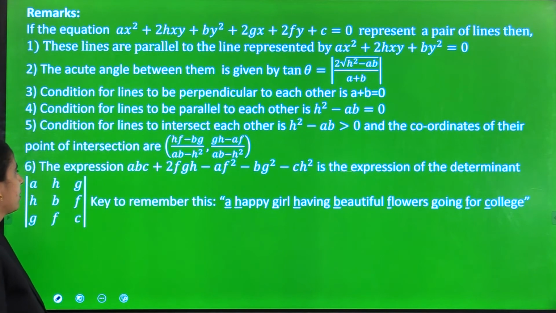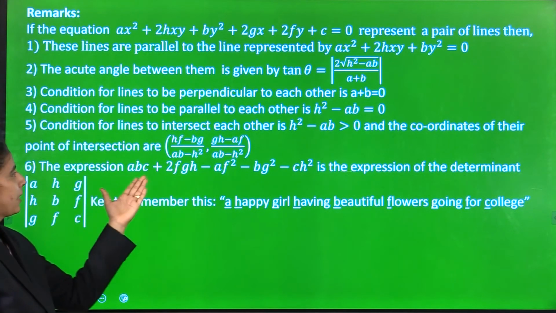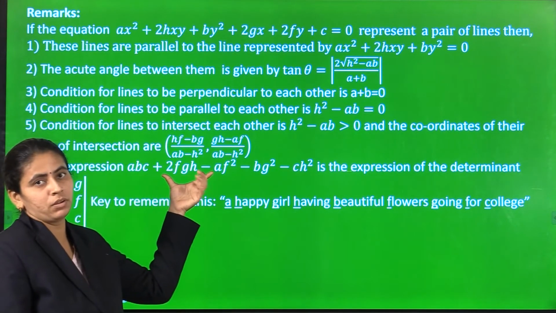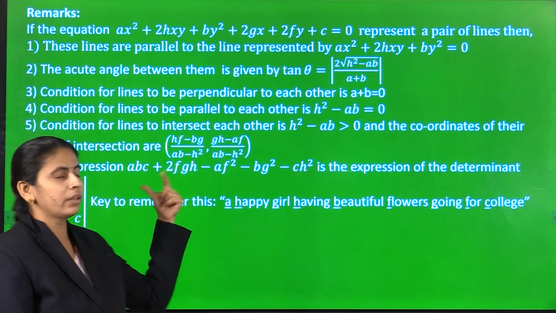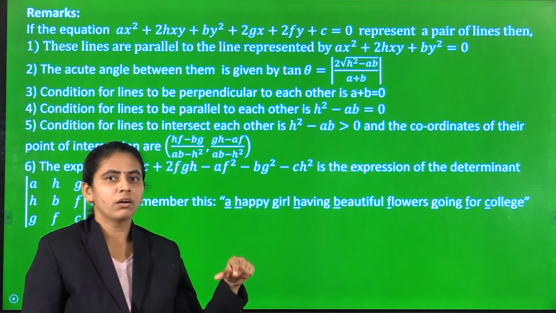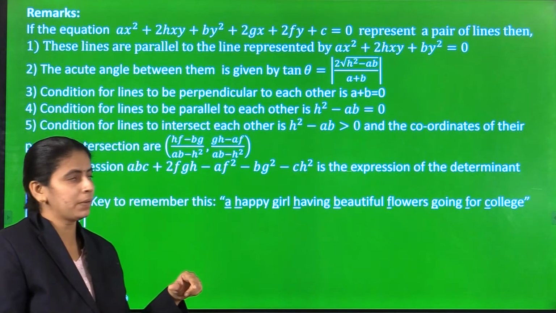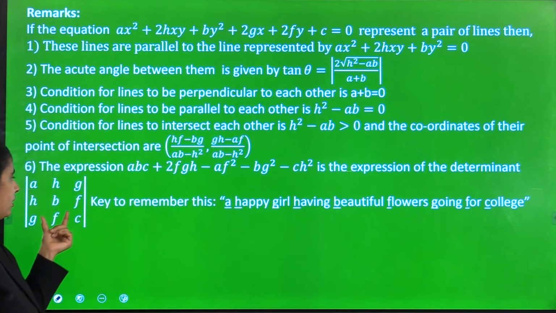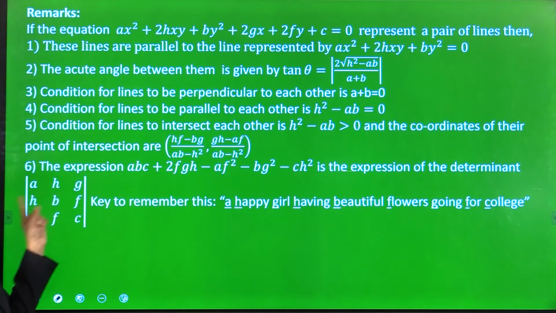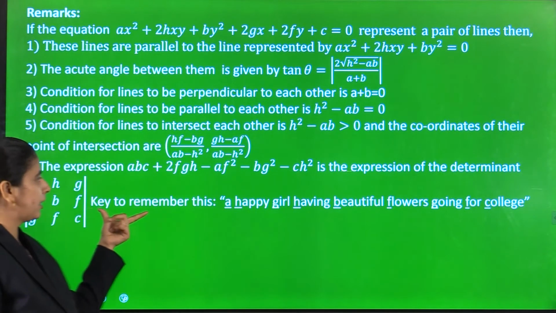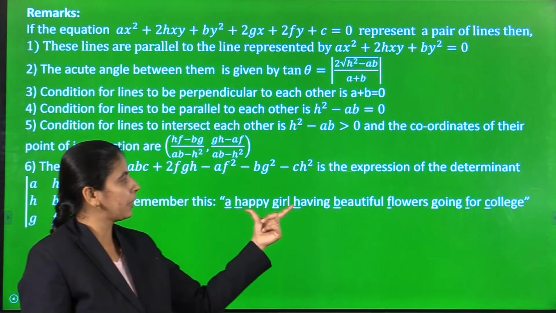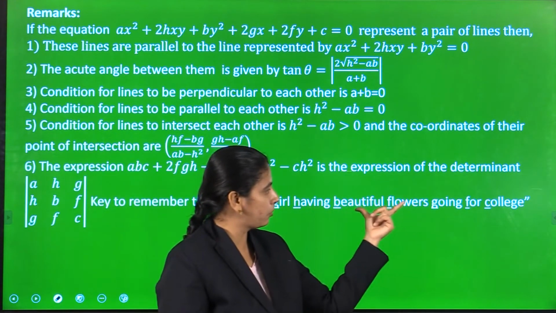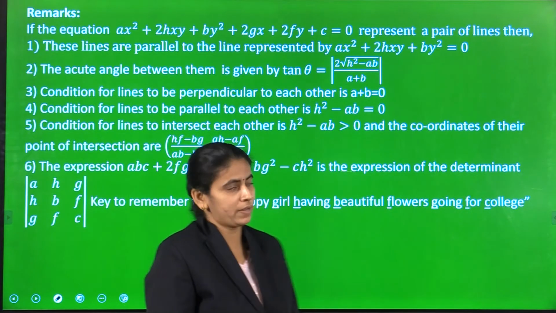Then the next remark is the expression, this is the necessary condition for the given general second degree equation to be the combined equation of a pair of straight lines, and this expression can be given by the determinant with rows a h g, h b f, g f c, and the key to remember this is: a happy girl having beautiful flowers going for college.